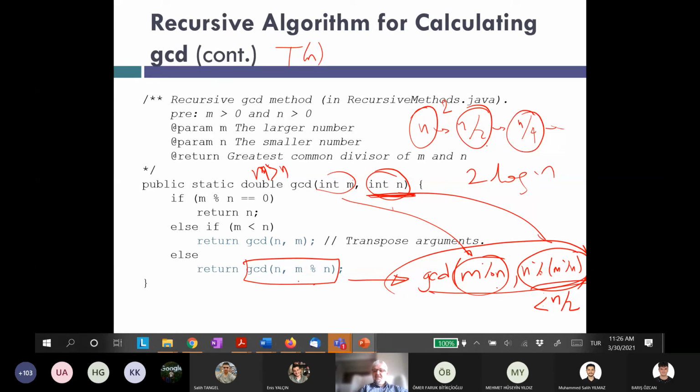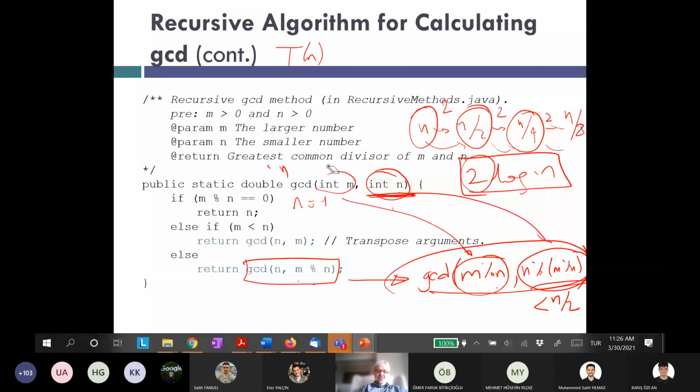And it becomes n over 4 after 2 more recursive calls. And 2 more recursive calls, it will become n over 8. How many recursive calls are required until it reaches n equals 1? When n is 1, this is always satisfied, right? It reaches n equals to 1. It requires log n steps, and at each step 2 operations. So 2 log n recursive calls are necessary.